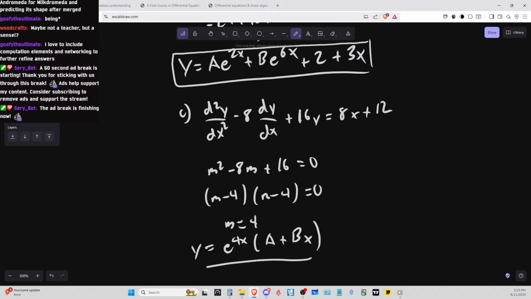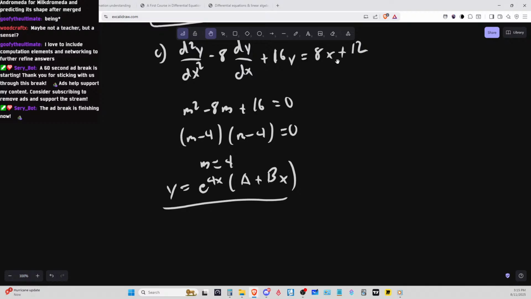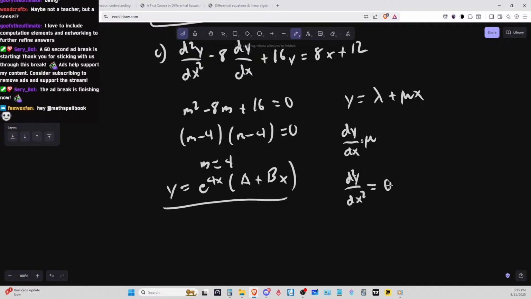Okay, that's the first part. Now the second part, since we have this side, we're going to have y equal to lambda plus mu x, because this is just a linear setup here. So dy is equal to mu, and dy dx, the second derivative, is 0.